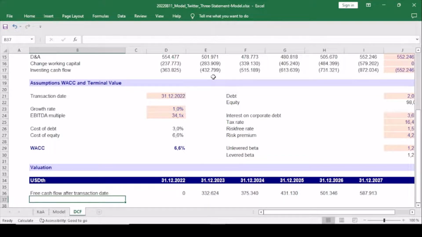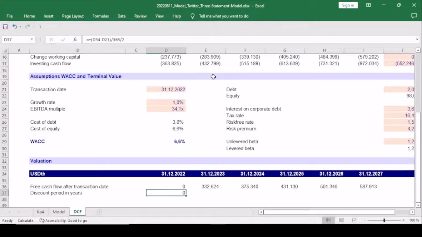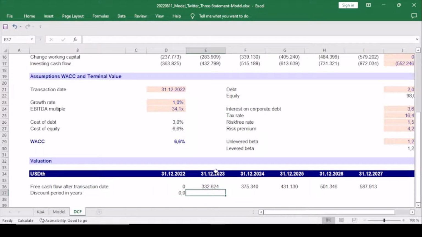Next, we define the discount period in years, and as you can see in a minute, we are defining the discount period as a mid-year discount period.